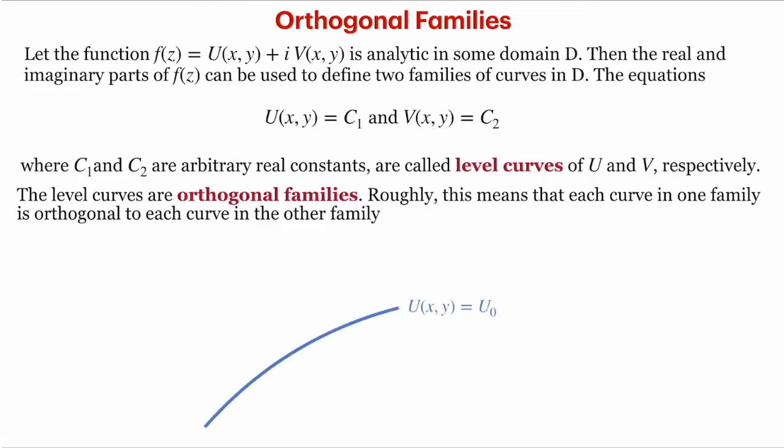So you have a curve u(x,y) equal to u0 or c1, with a tangent l1. You have another curve v(x,y) equal to a constant, with a tangent l2. What this says is that these two tangents are orthogonal to each other, and this happens at every point inside your domain.